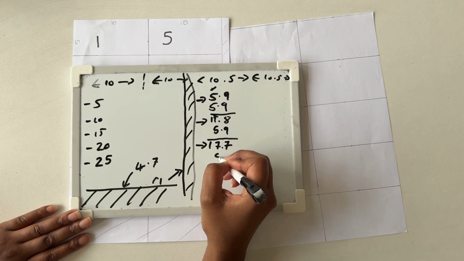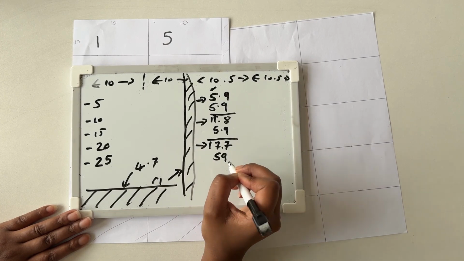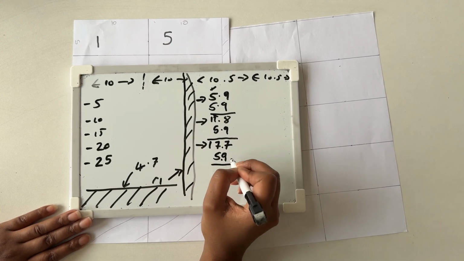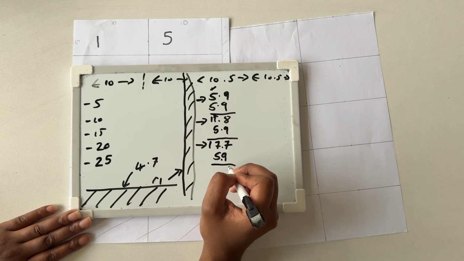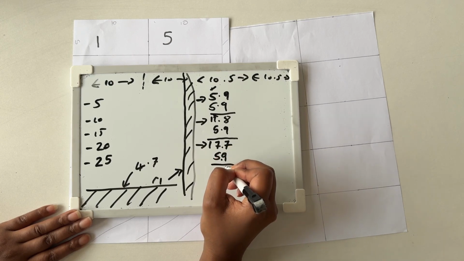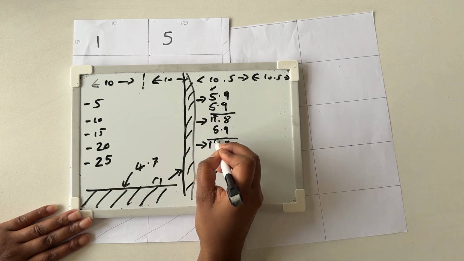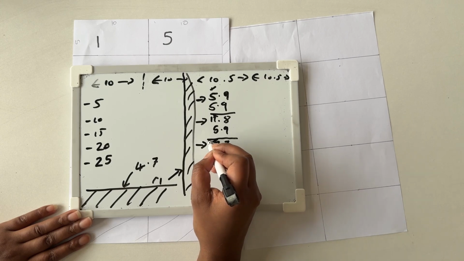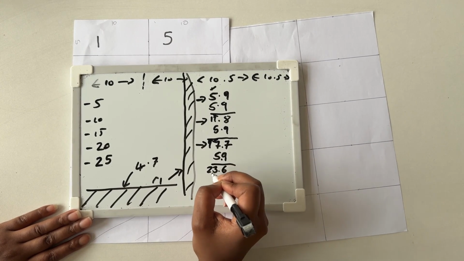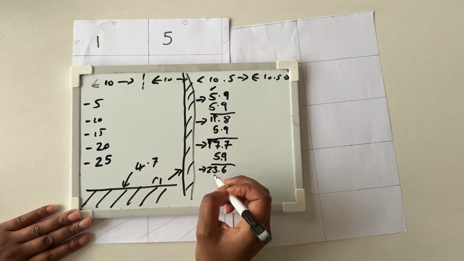And then you've got 5.9 again. And 7 and 9 is 16. So you write the 6 here, you carry the 1. 7 and 5 is 12, plus the 1 is 13. 1 and 1, and that's 23.6. That will be your next point.